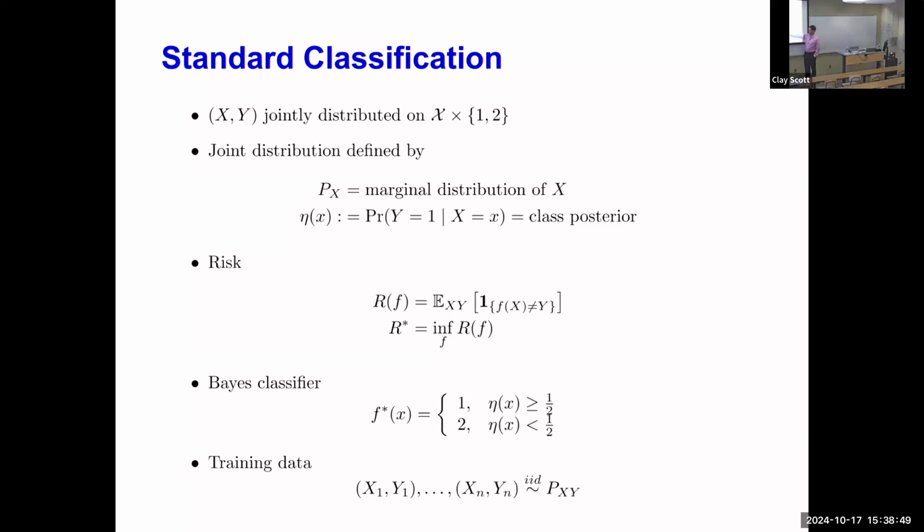It basically predicts according to whether the posterior is greater than or less than a half. That's called the Bayes classifier. Now, we don't know this joint distribution, so we want to learn it from training data. That's the standard setup in classification.